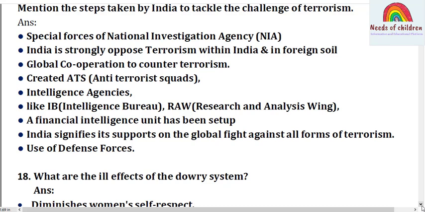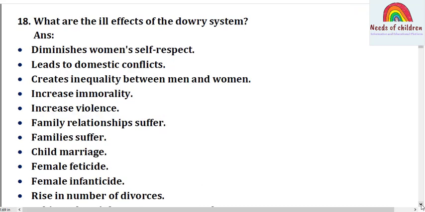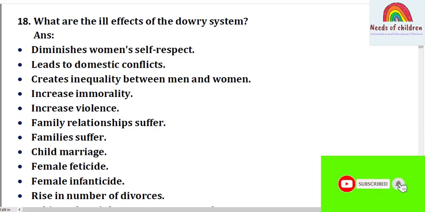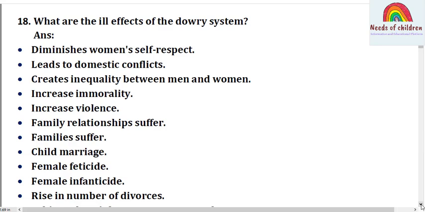Okay, let's move on to question number 18, 2-mark question. What are the ill effects of the dowry system? Okay, students, it is the lesson from the sociology, social challenges.